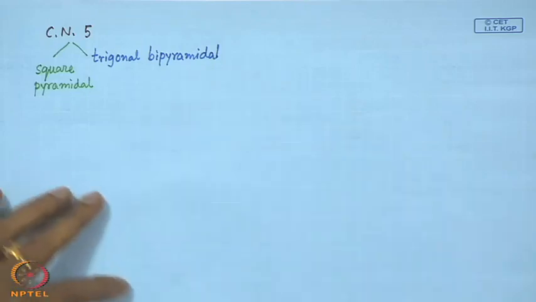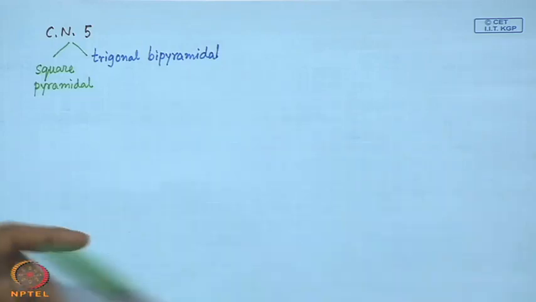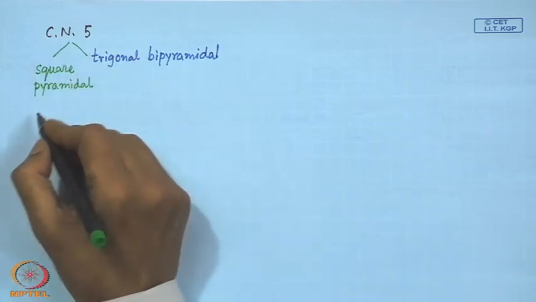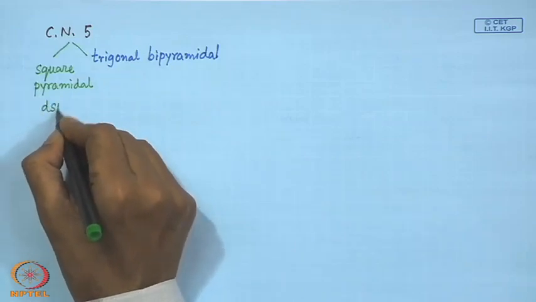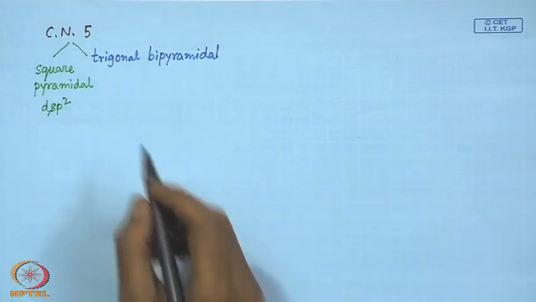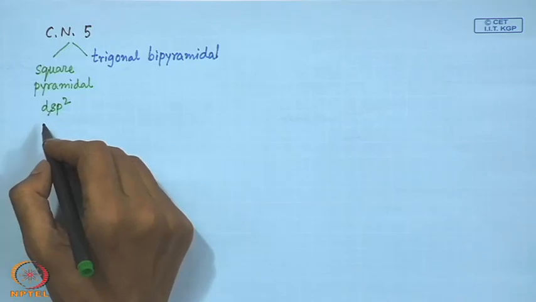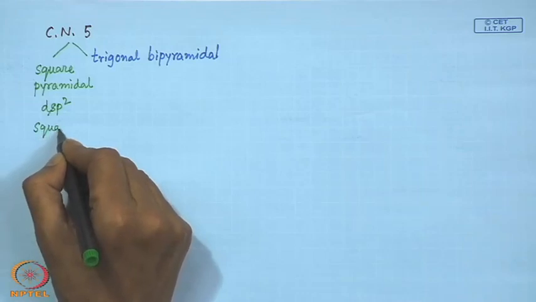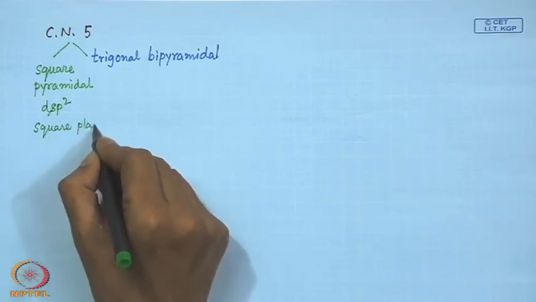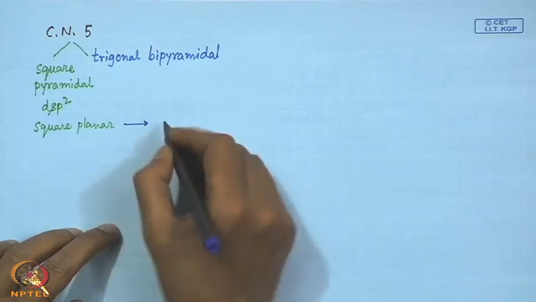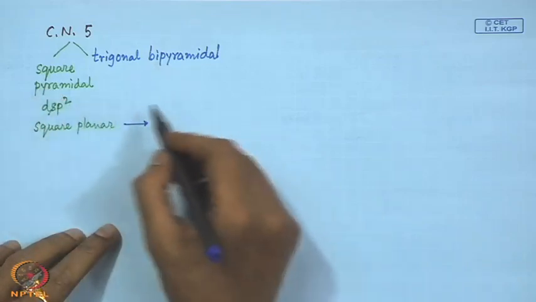So in square pyramidal geometry, like that of the square planar compound, the hybridization scheme is dsp2. For the dsp2 hybridization scheme, we have already seen it for square planar, and we want to move from square planar to this square pyramidal.